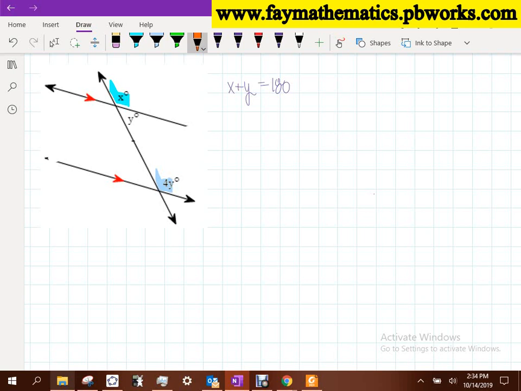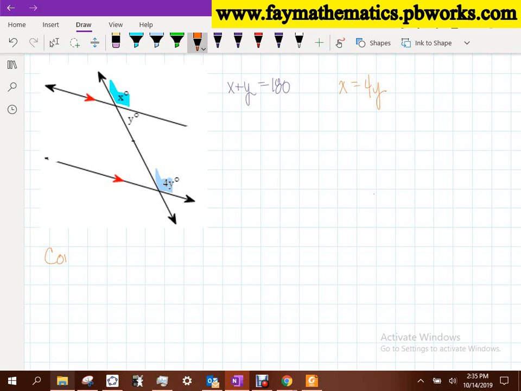Say again? Close. Starts with a C, O, corresponding. Okay? So these are corresponding. Corresponding angles are, what's the relationship between them? They're equal. So could I say x equals 4y? Does that make sense? So that's a true statement.